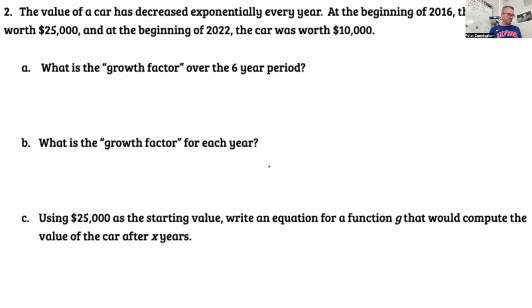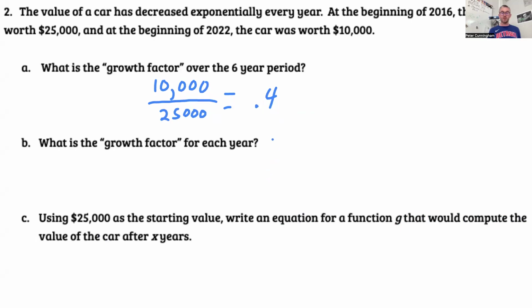All right, growth factor over the 6-year period on the next one. Again, our new divided by our old. So now our growth factor, we've got quotations around there because we're not growing, right? The value of this is going down. Take our original price in the denominator, the new price here, and we've actually found out that we are now worth 40% of what we were.